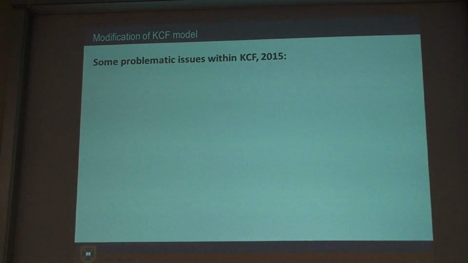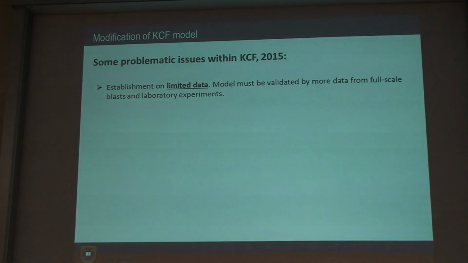But there are some problems, similar to all empirical models, about the KCF. The first problem is that this model is established based on really limited data, and the model must be validated by more data from full scale and also laboratory experiments.